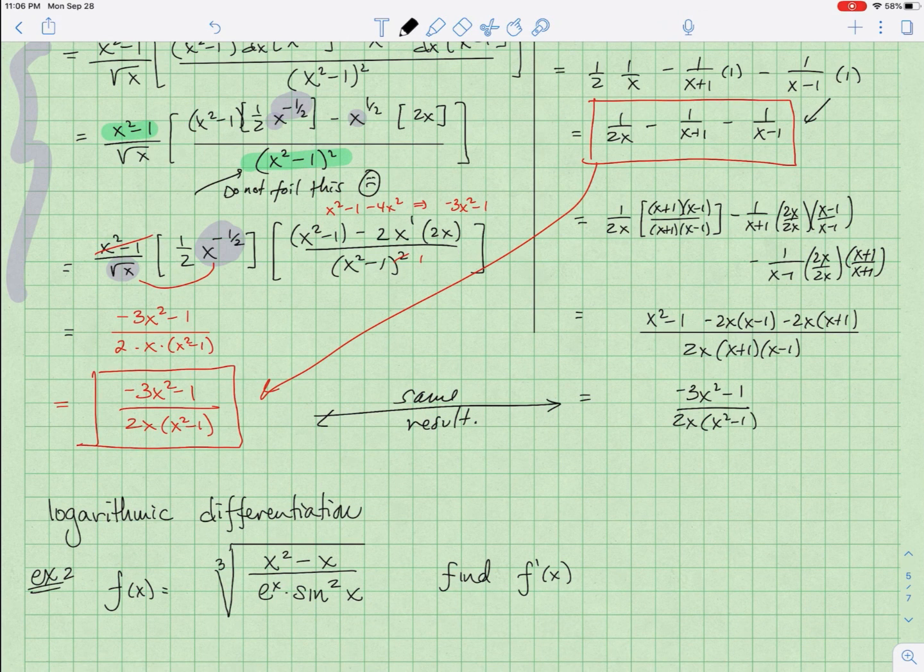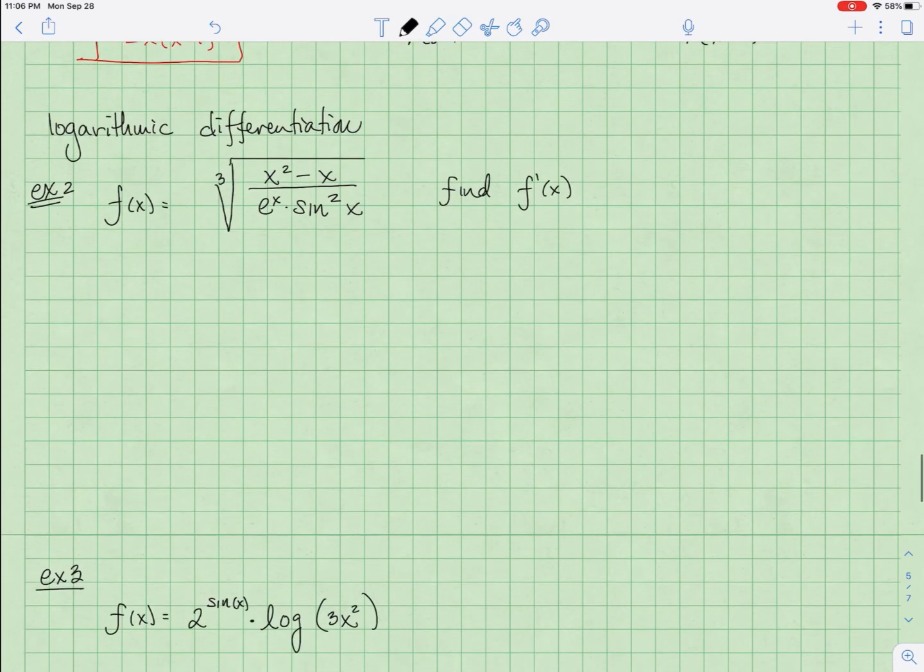Now, finally, in example 2 here, let's talk about what logarithmic differentiation is. If you'll notice in this problem, f of x equals the cube root of x squared minus x divided by e to the x sine squared x. I'm asked to find f prime of x. And I can just, again, use brute force.